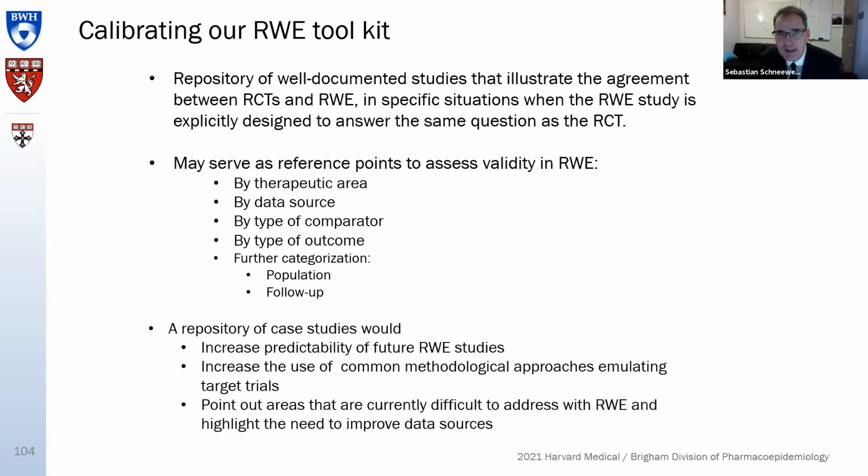They can be sorted by therapeutic area, by the data source, whether it is claims, EHR, or registry data, the type of comparator, the type of outcome. With those reference points, when we do real-world evidence studies, we can say, okay, I operate in the same therapeutic area, I use the same data source, I use a similar comparator.